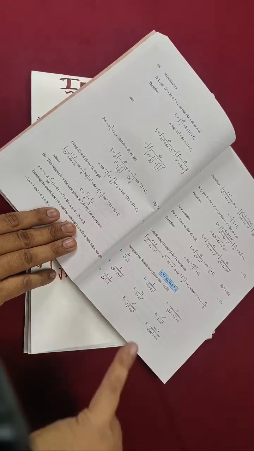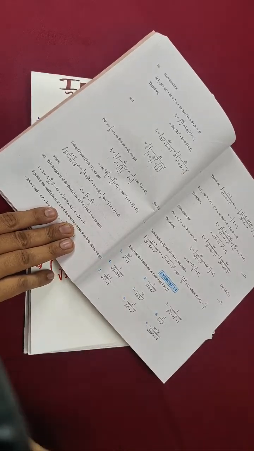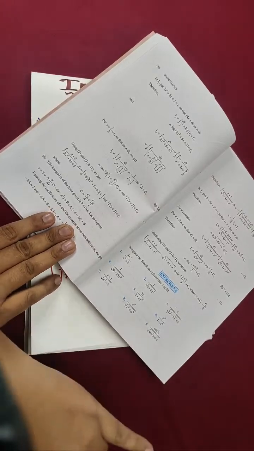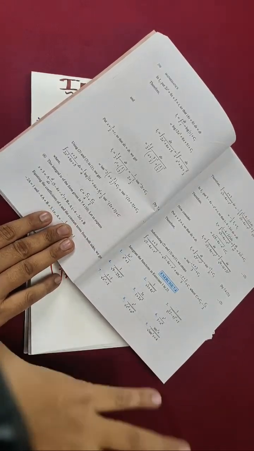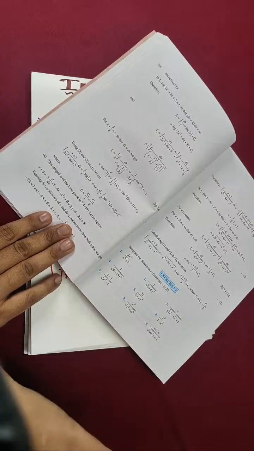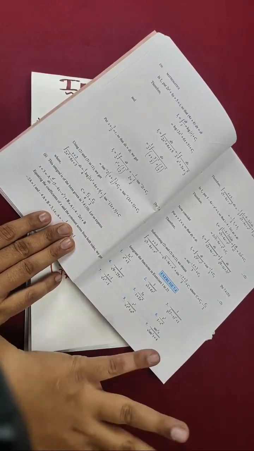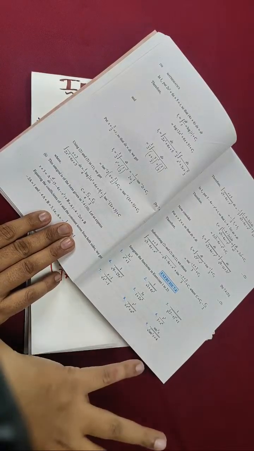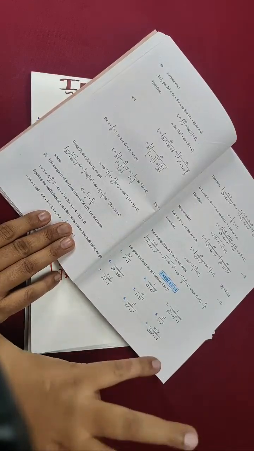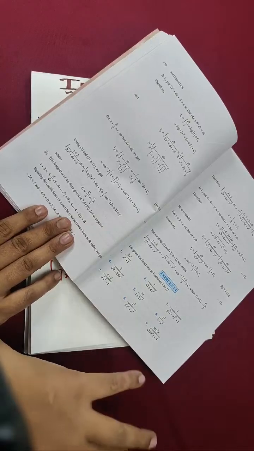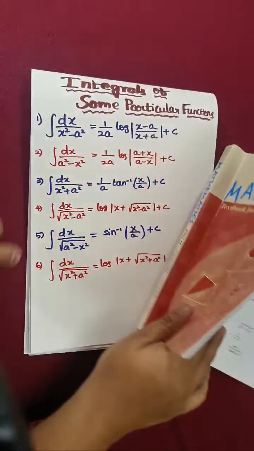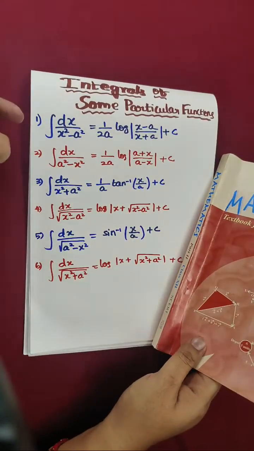But in these kinds of questions, the substitution method did not work out, and whatever trigonometric ratios you use, you can't simplify immediately. That is the main thing here. So to integrate it, we are using those 6 formulas. If you have the integrals in these forms, you can integrate.